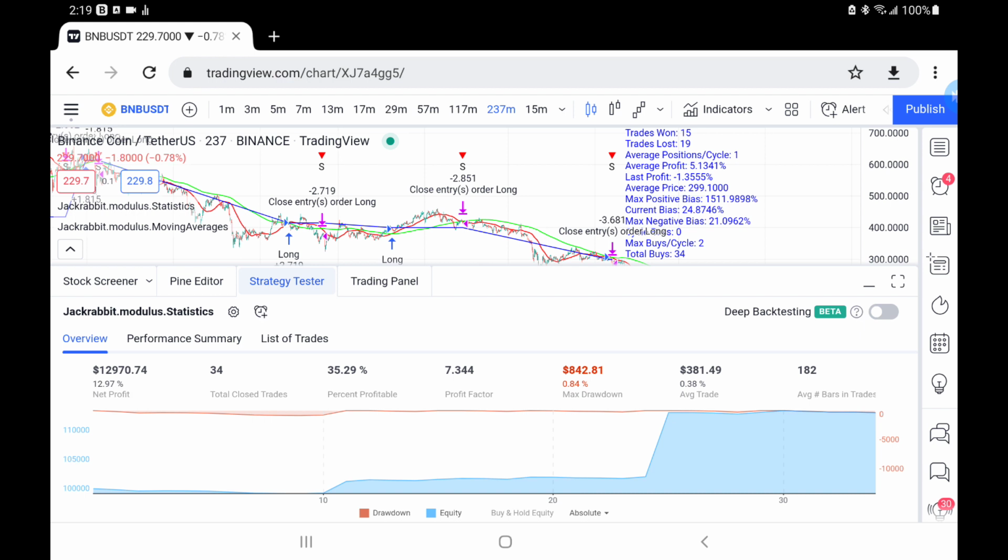That is reasonably good for the process, especially considering the market we've had. That is incredibly good.